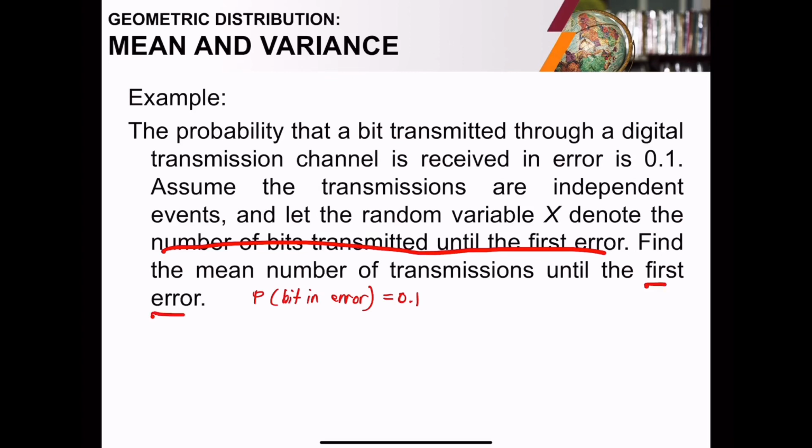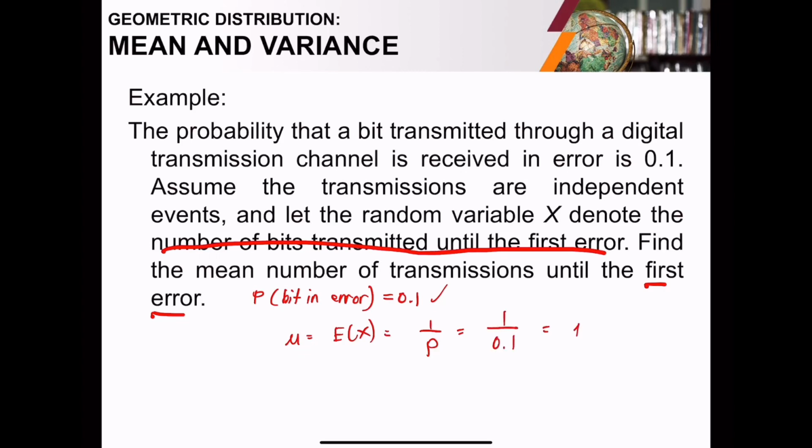So for the mean, which is the expected value, the solution is simply 1 all over the probability of getting an error. And here, that is our probability of getting an error. So you have here 1 divided by 0.1.